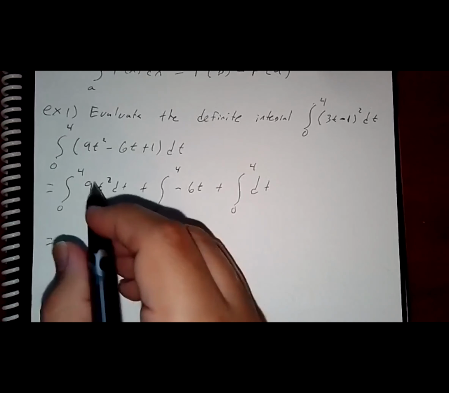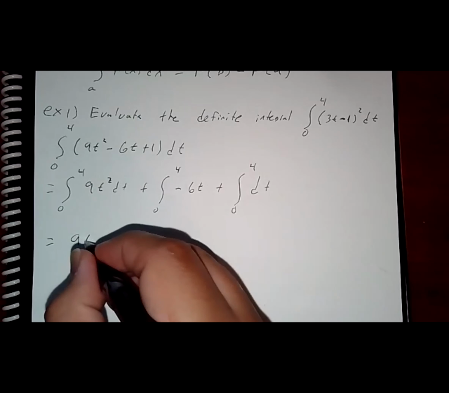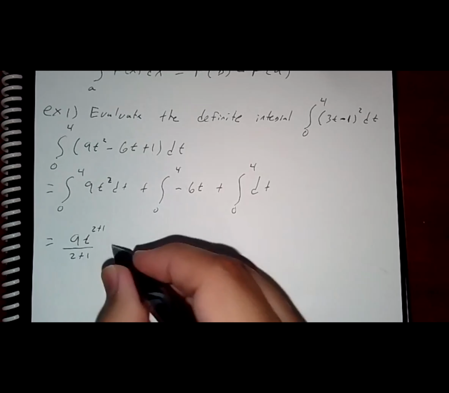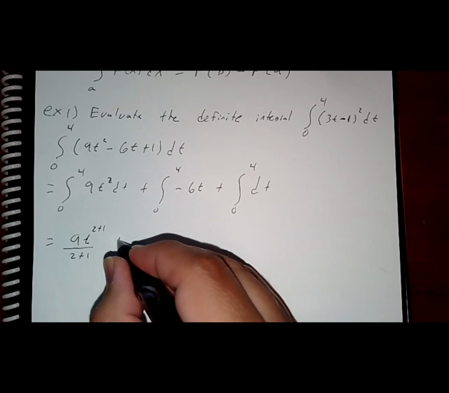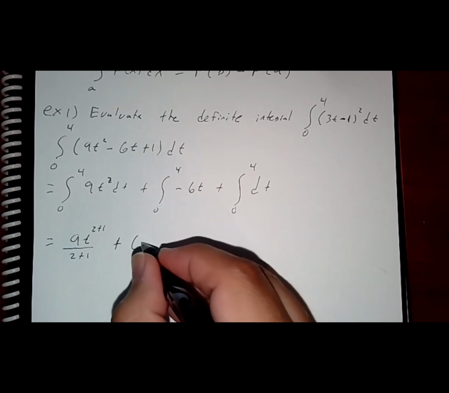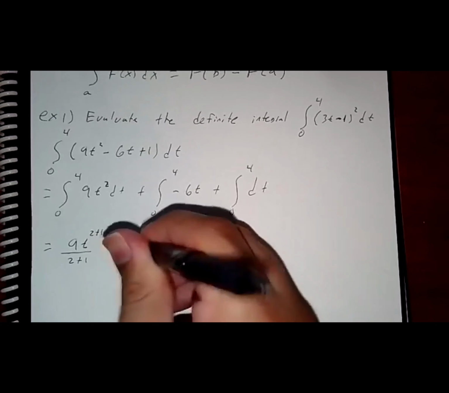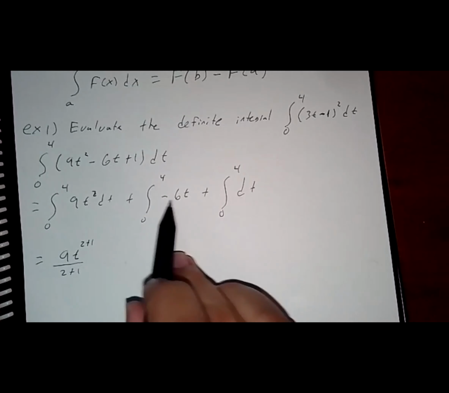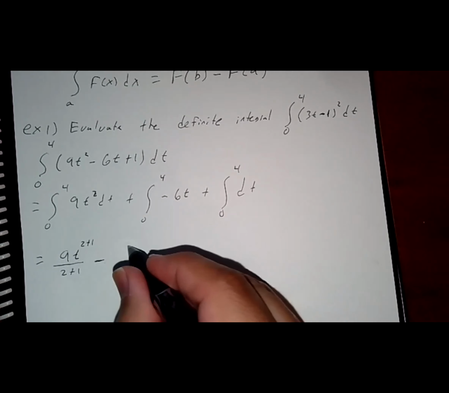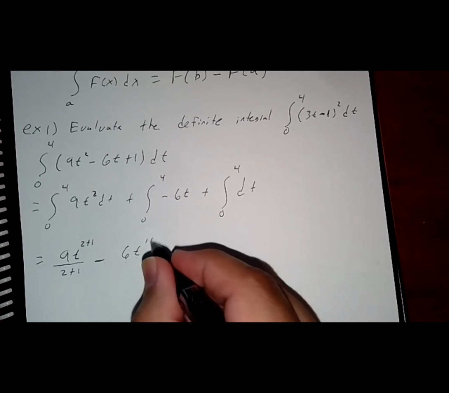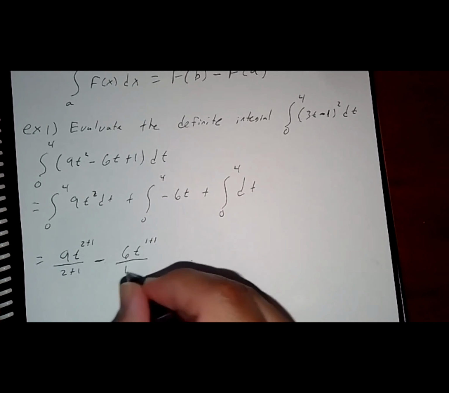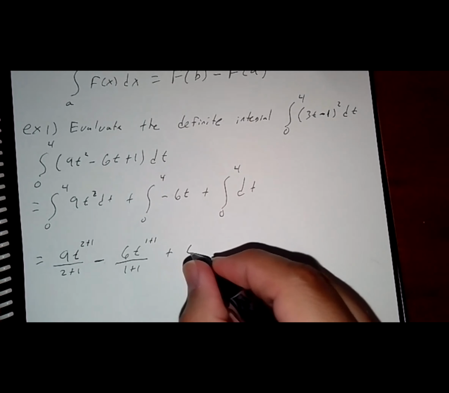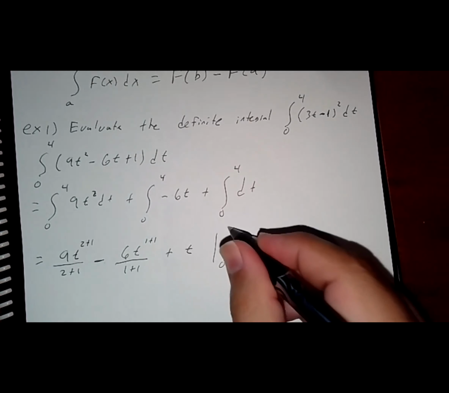Just do the power rule. So that'll be 9t to the 2 plus 1 over 2 plus 1, minus 6t to the 1 plus 1 over 1 plus 1, plus t, from 0 to 4.